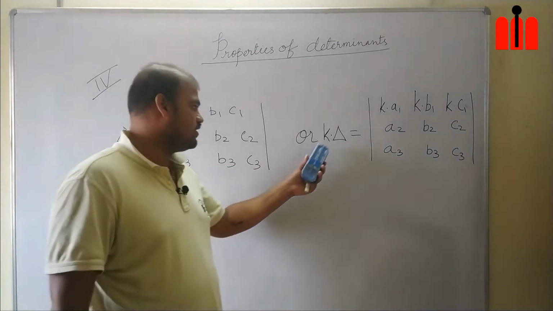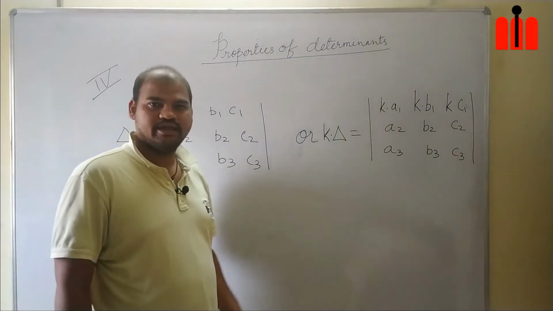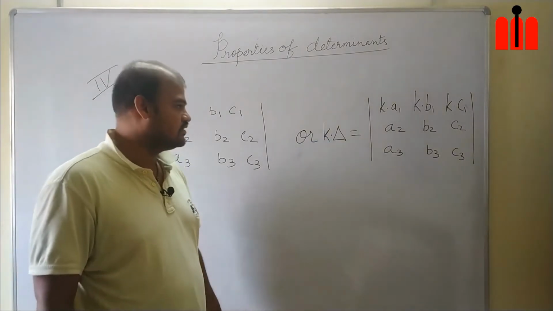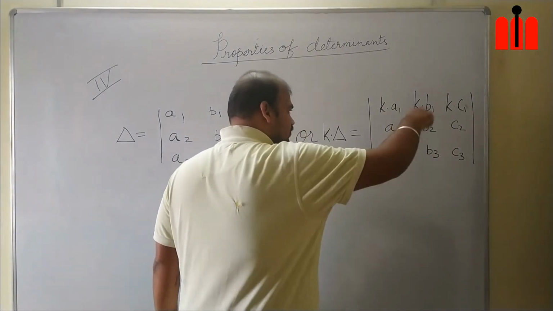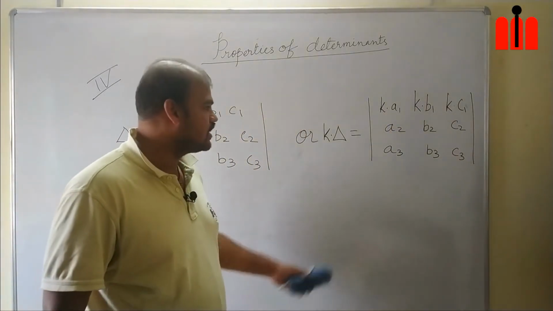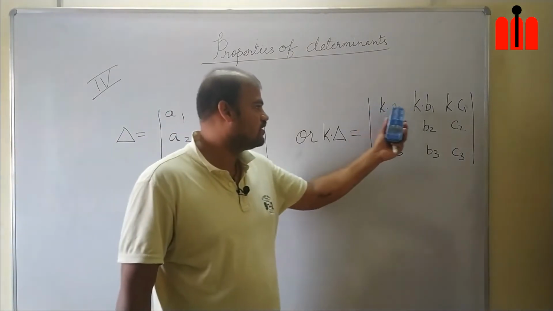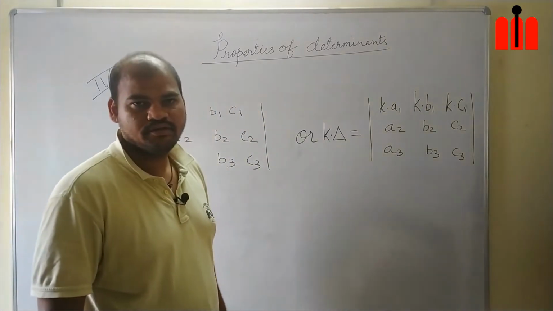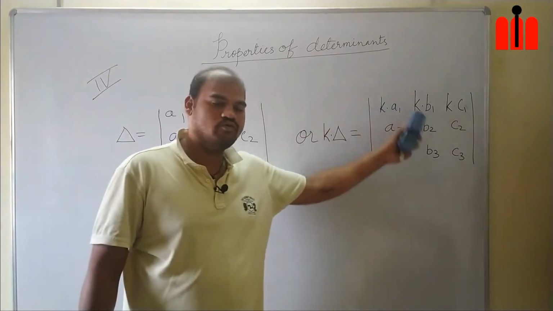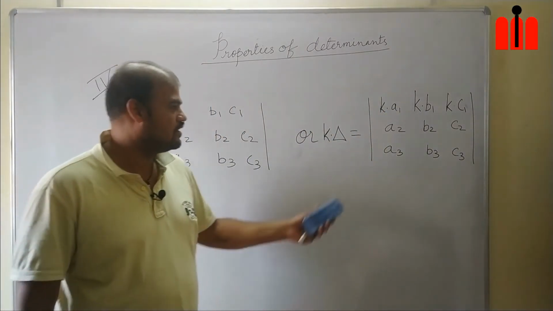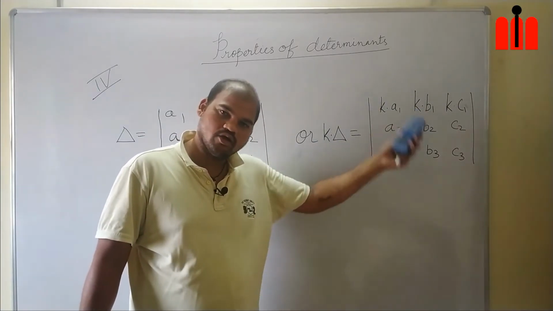If we multiply the determinant by any scalar k, then that k will be multiplied to any one row or any one column. Here I have multiplied it with row 1, but it can be multiplied with any of the rows or any of the columns.